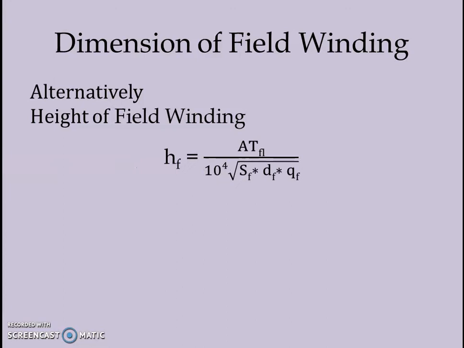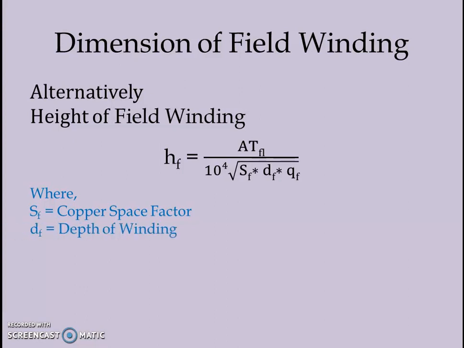We use this equation: ATFL, that is the full load field MMF, divided by 10 raised to 4, and under root the product of SF, DF and QF, where SF, that is the copper space factor, we discussed can be taken as 0.4 to 0.6. DF is the depth of the winding.